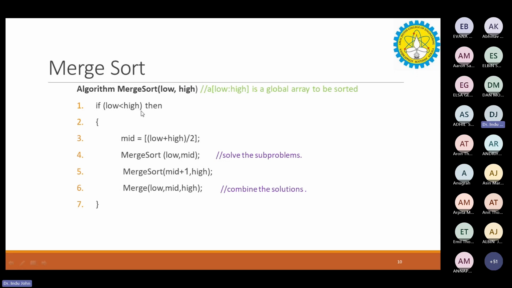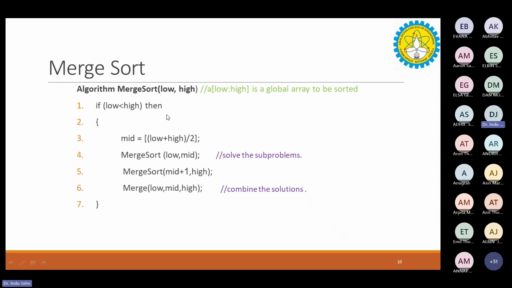If low is less than high, that means the array has at least two elements. When this condition is violated, you basically have an array of size 1. When the array is of size 1, you don't need to do anything. There is no sorting to be done. That is why you have this condition if low is less than high.